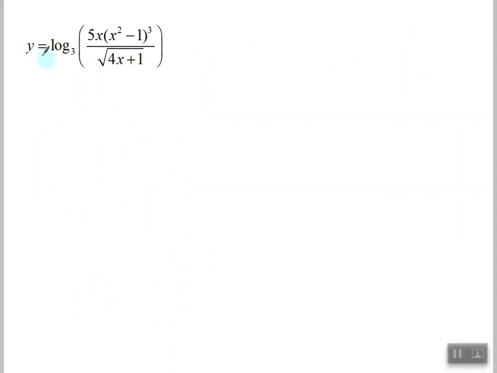Let's find the derivative of y equals log base 3 of the quantity 5x times x squared minus 1 cubed divided by square root of 4x plus 1. This is quite a complicated function here. Fortunately, we have log properties to help us break this down into a bunch of simpler functions.